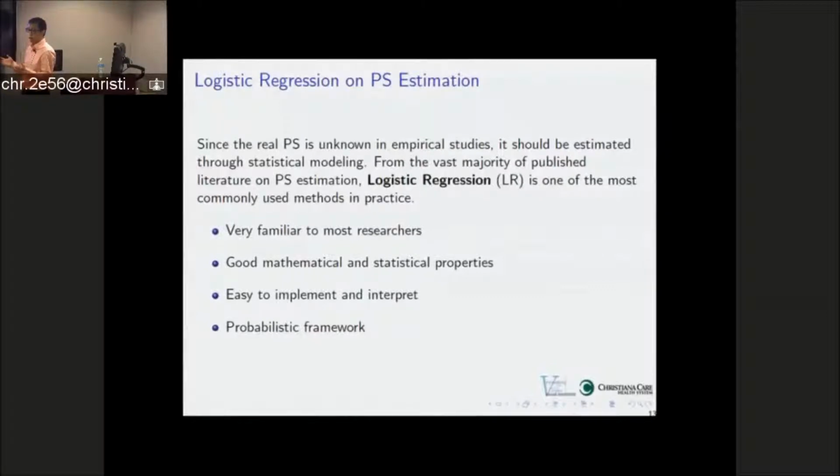Almost all software has logistic regression, and we can interpret the model parameters as log odds ratios. It's also based on a probabilistic framework: we define the propensity score as a probability based on the logistic function.